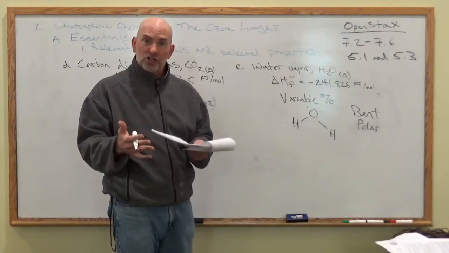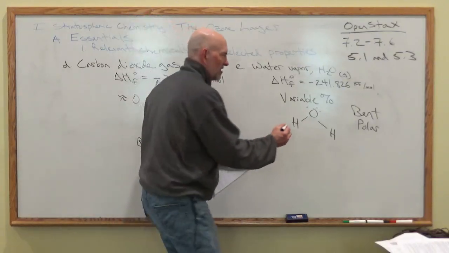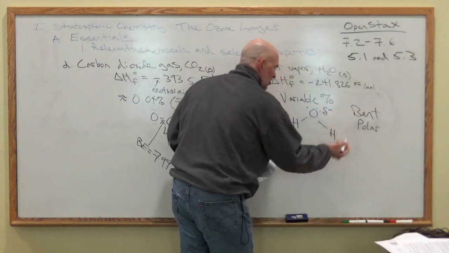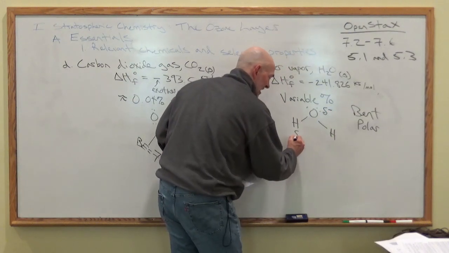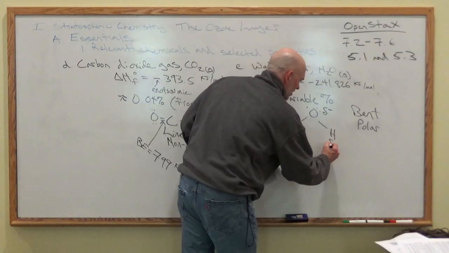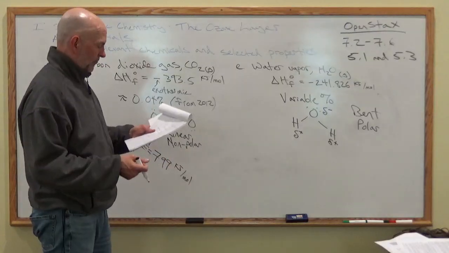It's only a partial positive or a partial negative, and we use the symbol lowercase Greek delta. Oxygen has a slight, partial negative charge, and both of the hydrogens have a partial positive charge. That's what makes it polar.